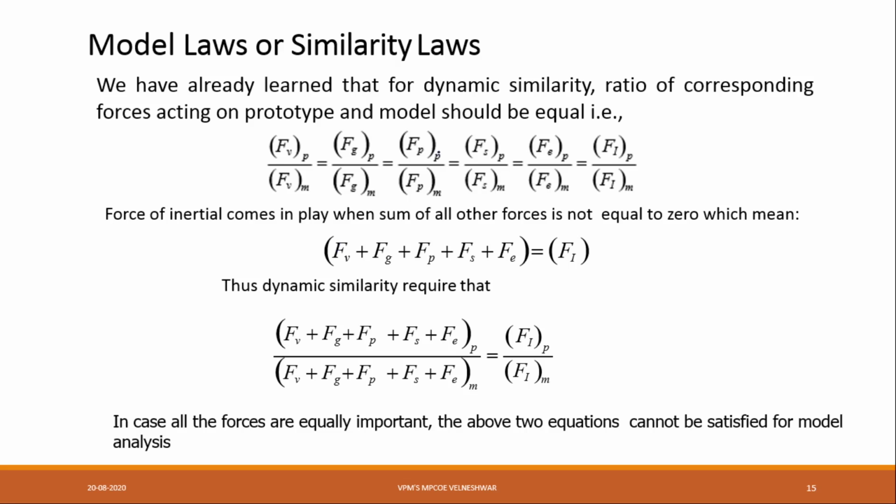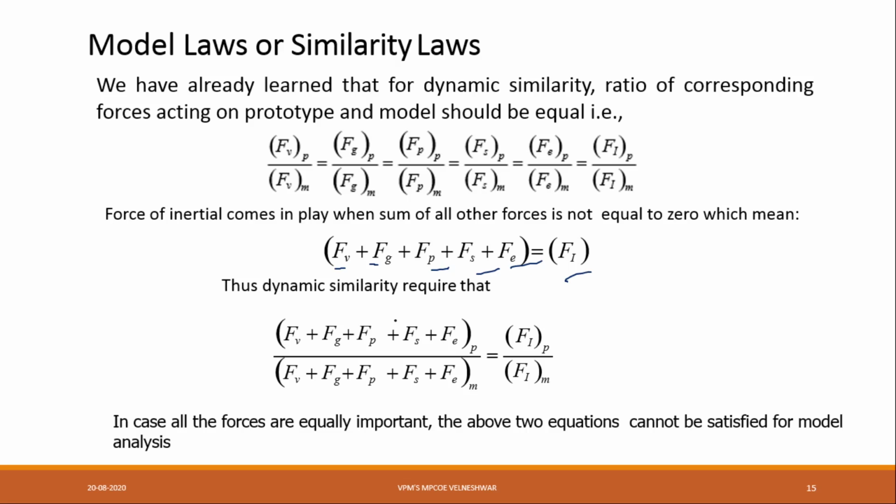That's why I am taking FV by FV prototype model, FG by FG prototype model, FP by FP prototype model, FS by FS prototype model, FE by FE prototype model, FI by FI, that is M. Here P is nothing but pressure.